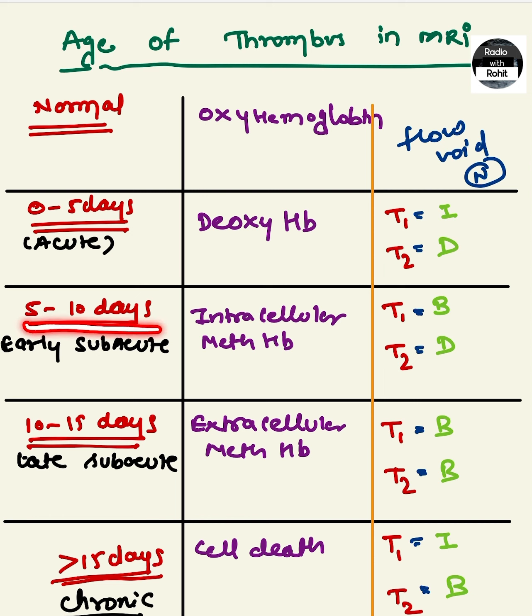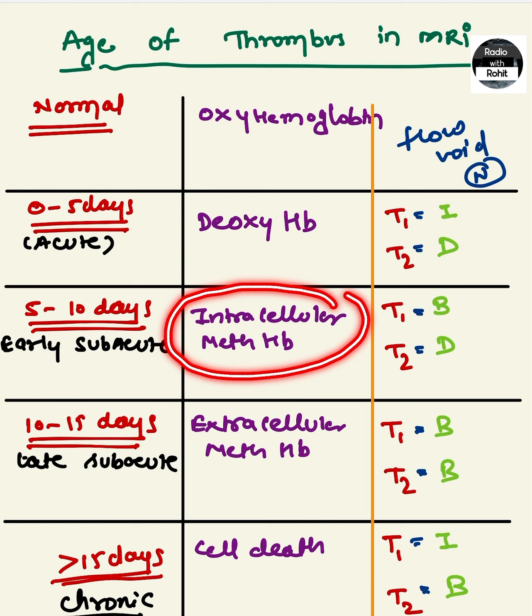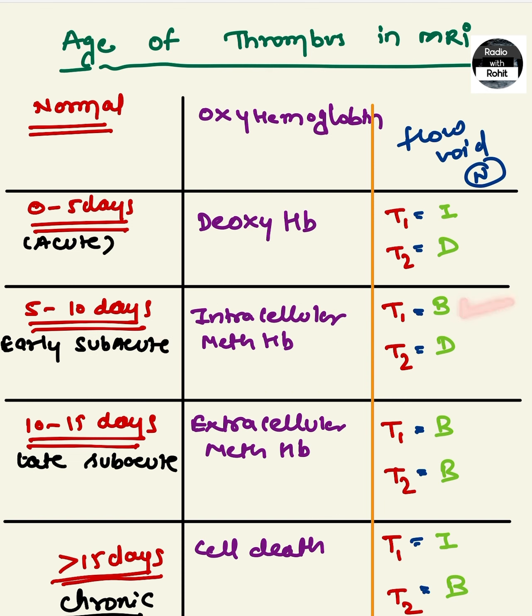If the thrombus age is between 5 to 10 days, it is classified under early subacute thrombus. Intracellular methemoglobin will be there. On T1, it will appear hyperintense. On T2, it will appear hypointense. At 10 to 15 days thrombus age, we classify it under late subacute.